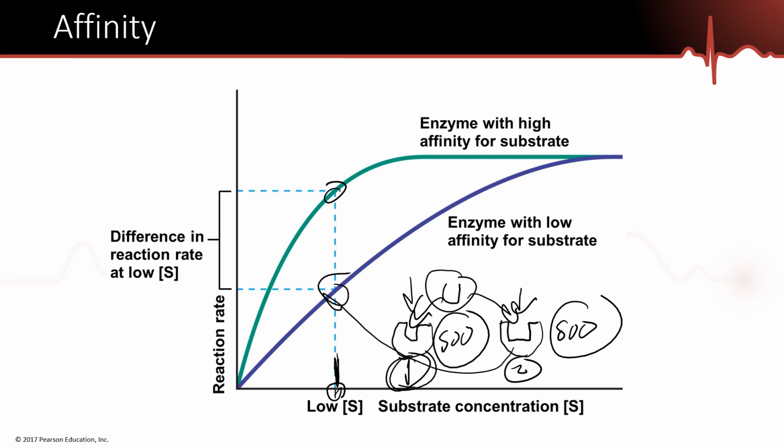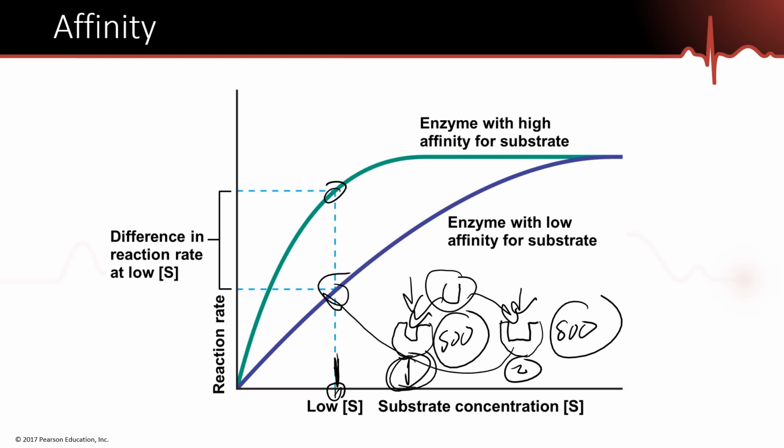So the affinity that a specific enzyme has for a reactant or substrate will significantly influence its enzymatic rate. This is what we refer to as affinity. The affinity that a specific enzyme has for a reactant or substrate.